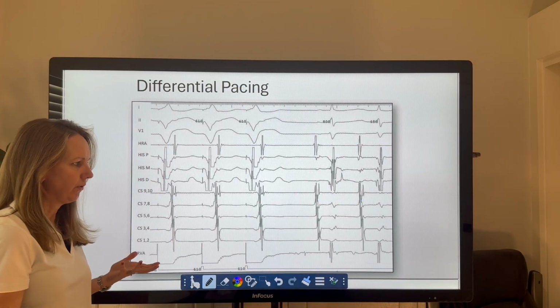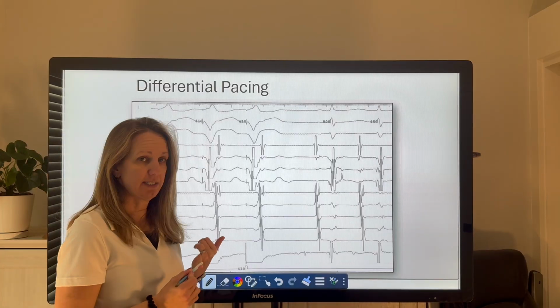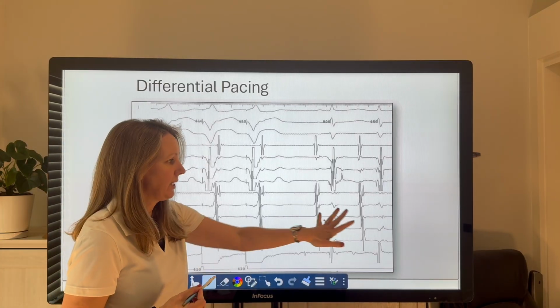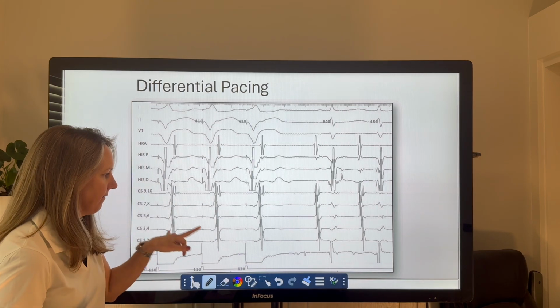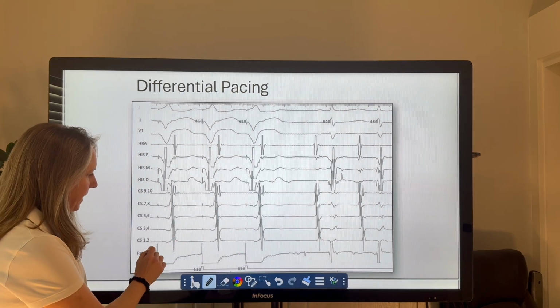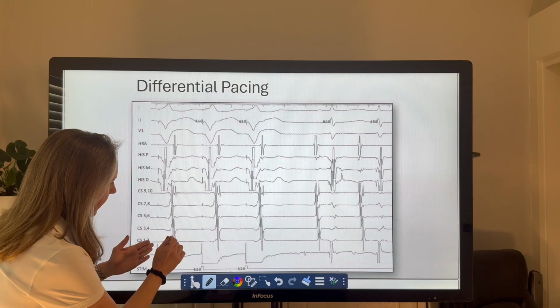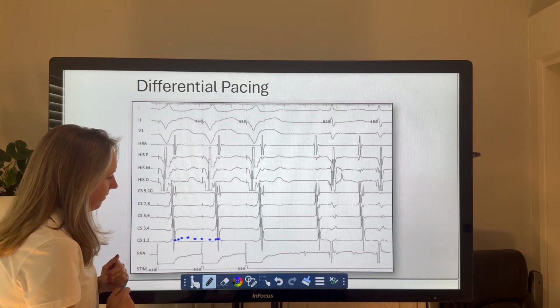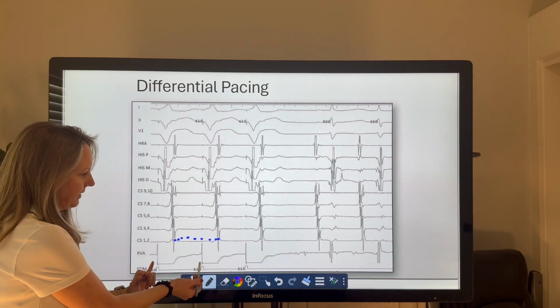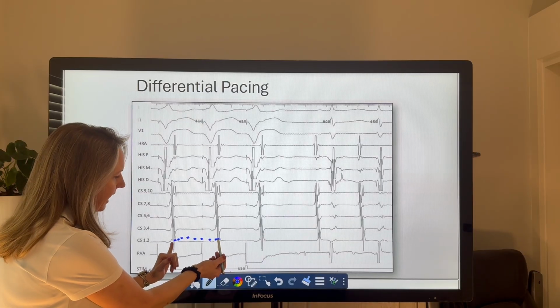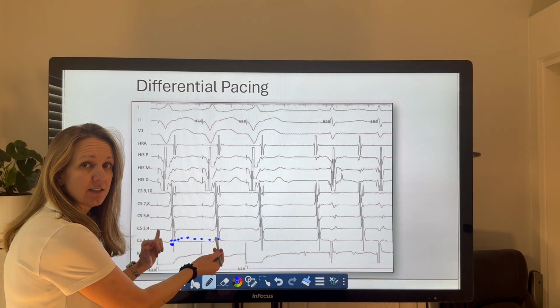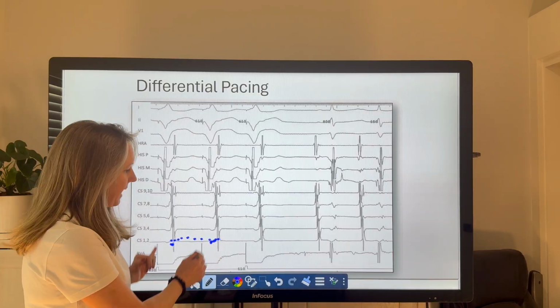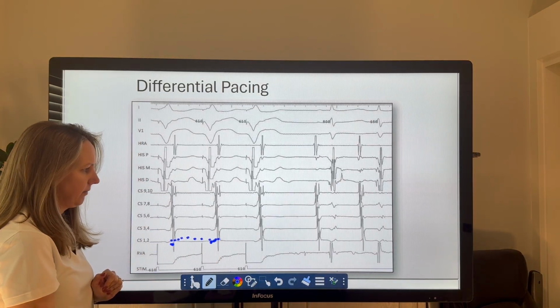To perform this maneuver, you pace faster than the tachycardia cycle length, which we did: from 450, we paced at 410. So we pace the ventricle, but we also have to speed up the atrial rate. So this paced then goes to this A to A, and yes, this A to A is also 410. So we paced and sped up the tachycardia.